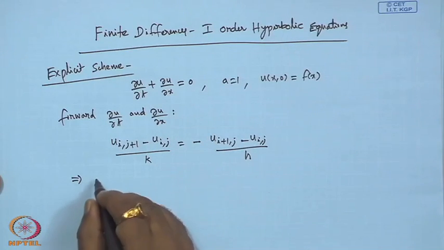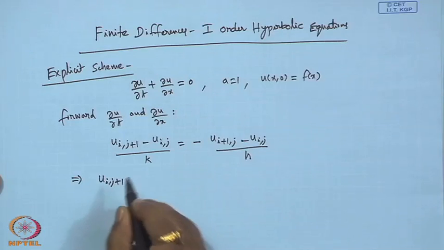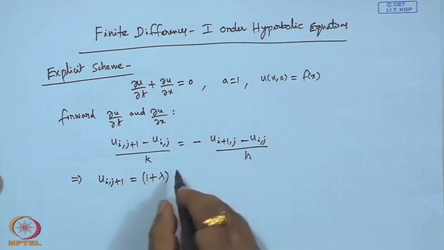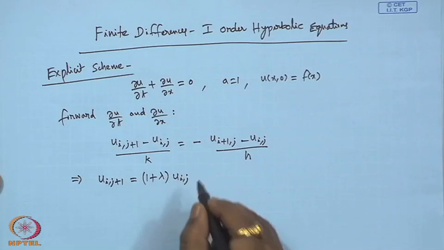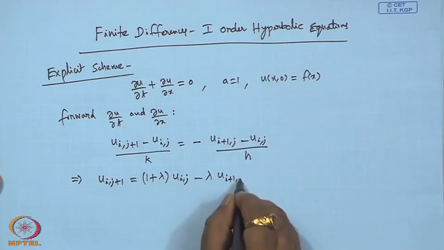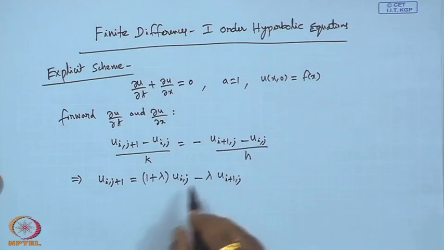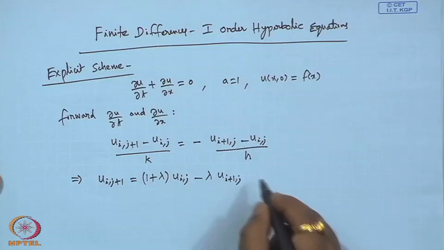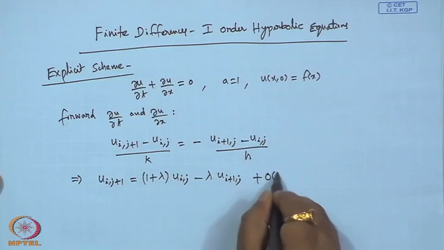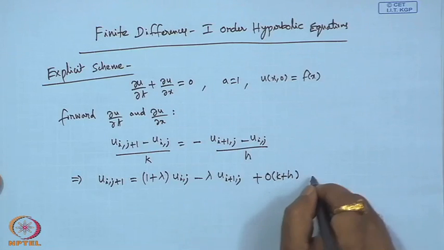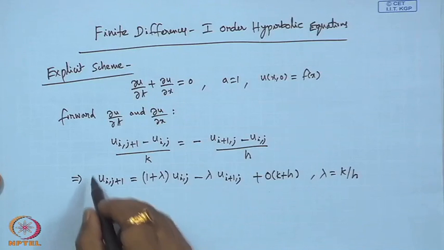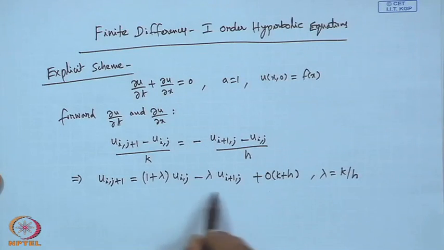So, from this we get u_i,j+1 = (1 + lambda) u_i,j - lambda u_i+1,j, and the truncation error is of order k and of order h, where lambda is k by h.